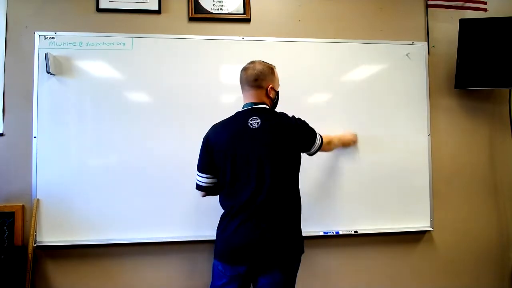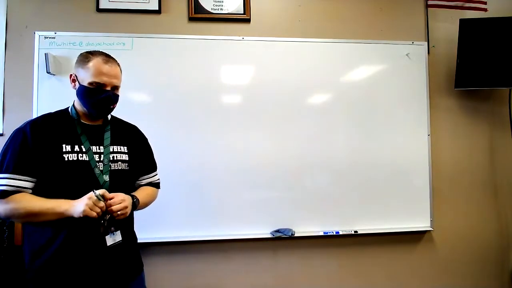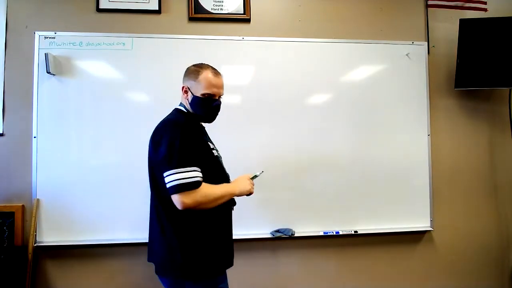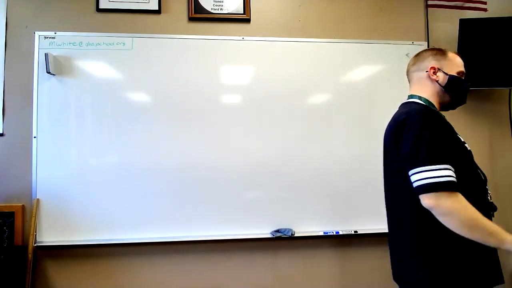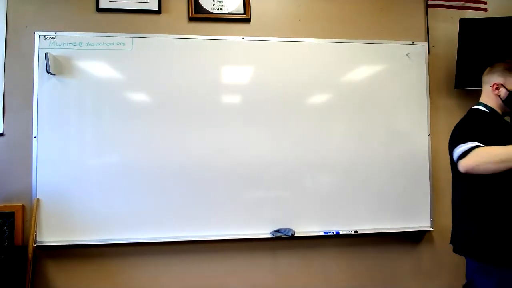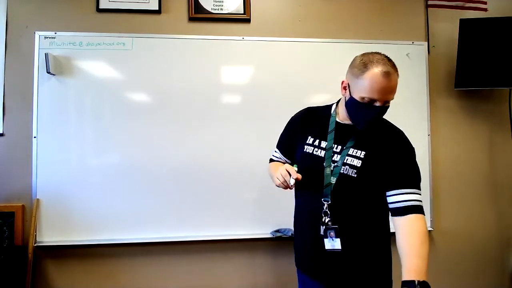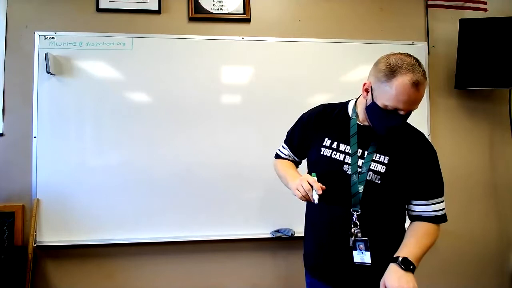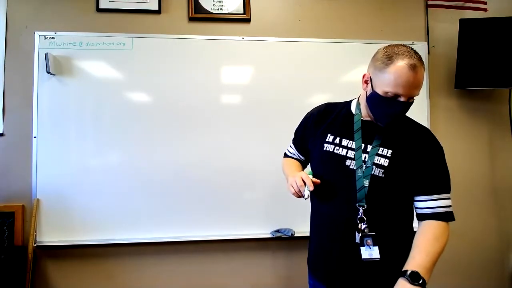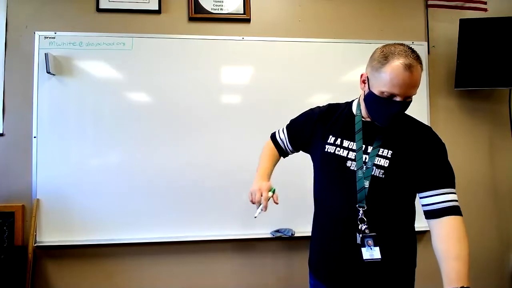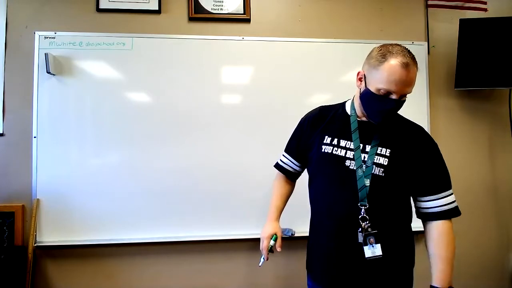Now, the first way that we can write chemical reactions, and this is not the way that we will do it most often, is what's called a word equation. And that's where we literally write out every single thing that we're dealing with. And there's an example on page 284 at the top where it says word equations. You can see a picture of what's happening there.